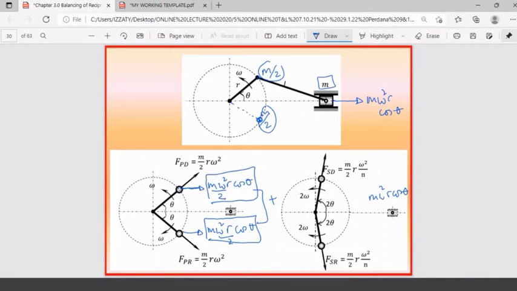You have another one pointing upward, becoming sine, and another pointing opposite direction, and it will totally cancel off automatically. The resultant of these two forces in components x and y: initially you have m omega square r, but you have 2 now, so divided by 2. Of course, you cannot just add this because it is a vector. You have to add the same vectors, and they add up and become 0.